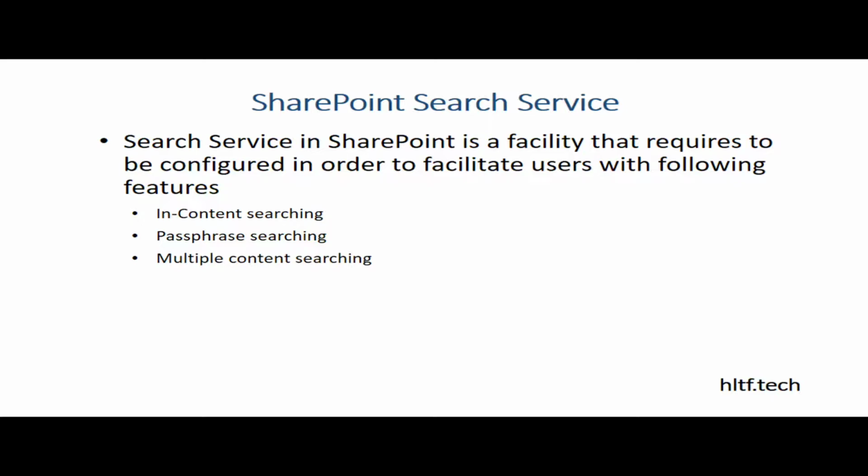SharePoint search service will carry out its query and give you the required content in which all of these three keywords exist. So it's a very powerful search facility offered by SharePoint search service in an on-premise environment as well.